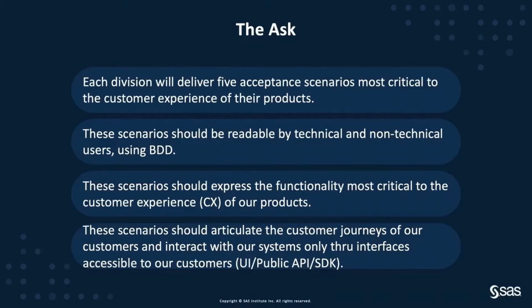Each team would provide 5 scenarios with features that were deemed most critical to the customer experience. These scenarios would be written using behavior-driven development standards, so they would be easy to read by anyone. And these scenarios would communicate the journey and how the customer interacted with the product, whether through the user interface, an API, or the SDK.